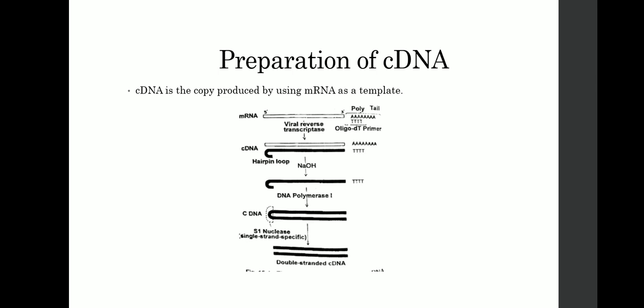This frees the single stranded cDNA. After digestion of the RNA strand using the enzyme RNase or alkali, here mostly we use the alkali, that is NaOH, sodium hydroxide, for digestion of the RNA strand. It leaves the cDNA, complementary DNA, alone.